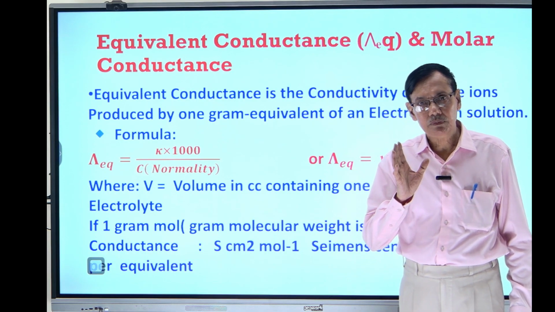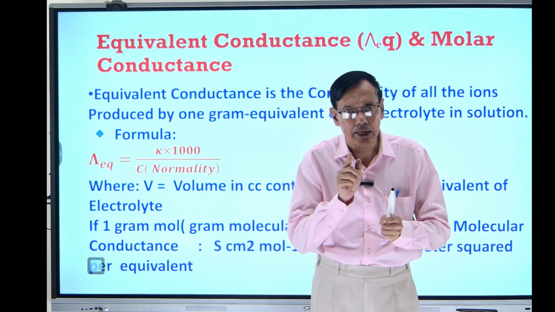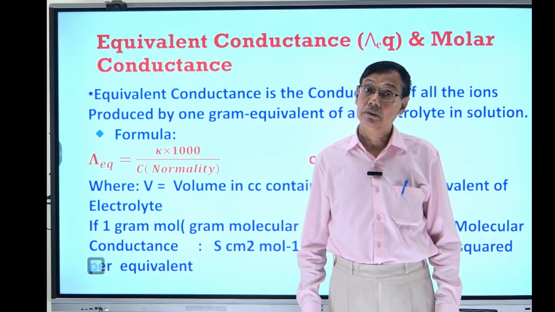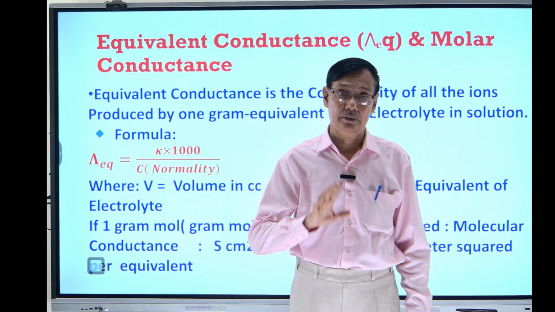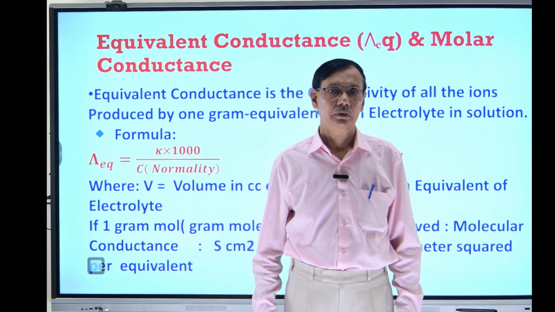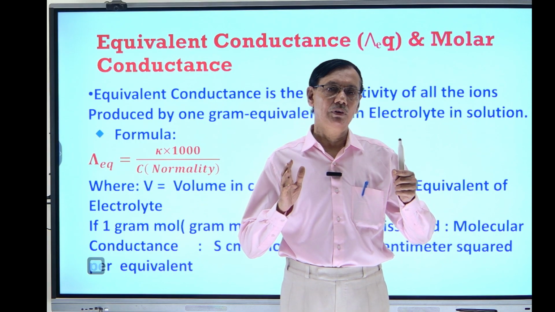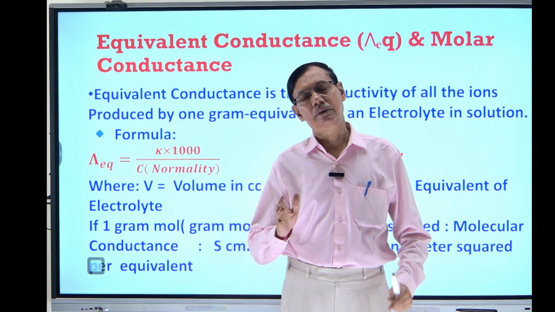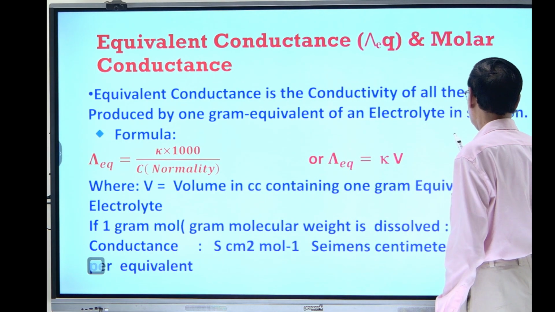And suppose you think that earlier there was only 1 cube, but now I am taking 1 gram equivalent or 1 gram mole. So suppose there may be n gram equivalent dissolved in 1000 ml, 1 liter.